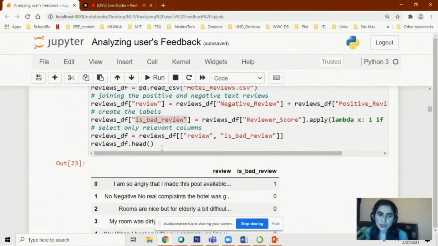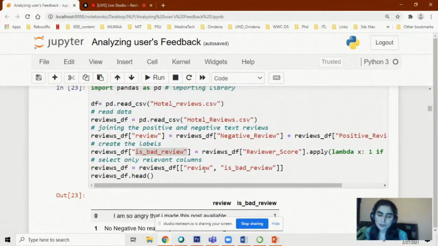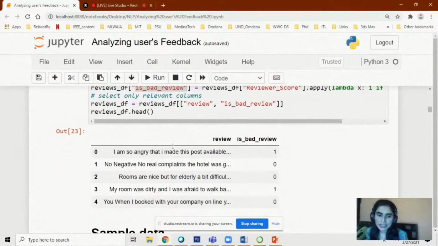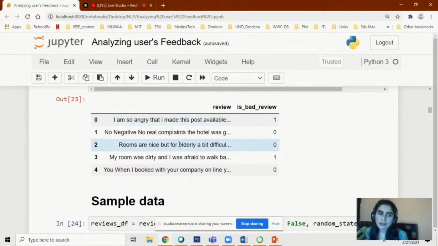Similarly I have done over here: I have written the review column and the is bad review column, which I have just created, right? So then we have again written head.